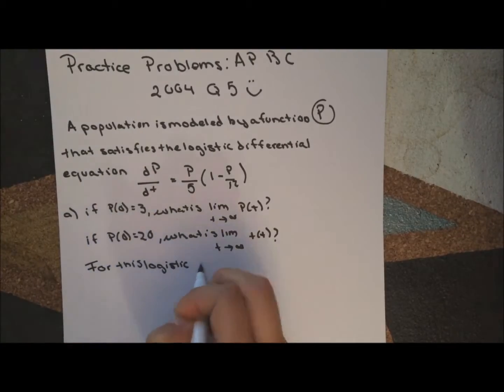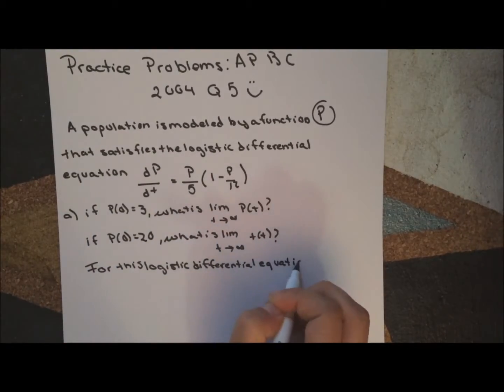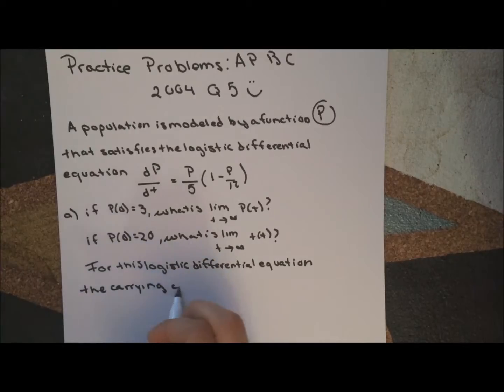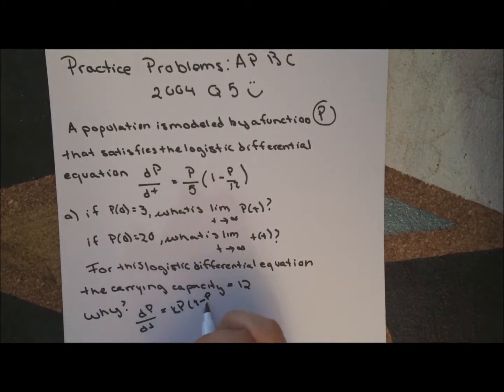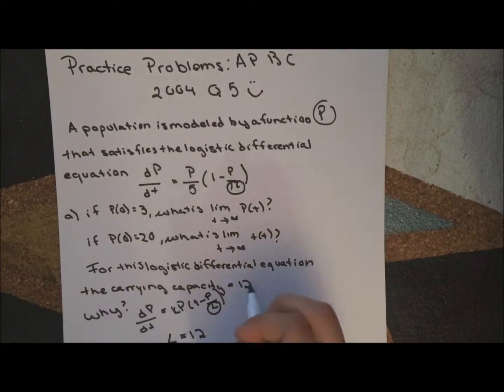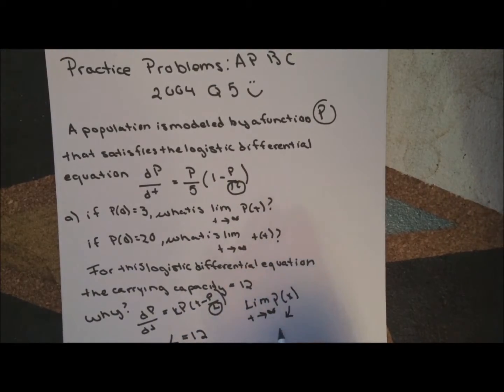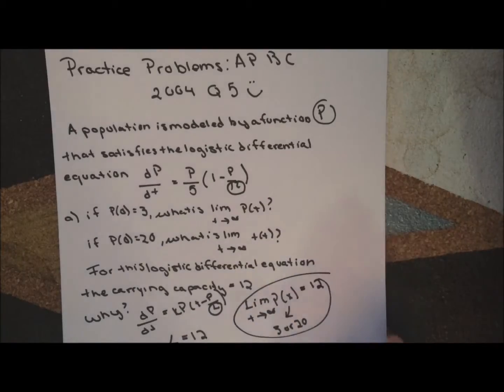To answer this, we need to know that for the logistic differential equation, the carrying capacity equals 12. By comparing this equation to the one we learned before, we can find that L is equal to 12. Therefore, the limit as t approaches infinity of P(t) equals 12.